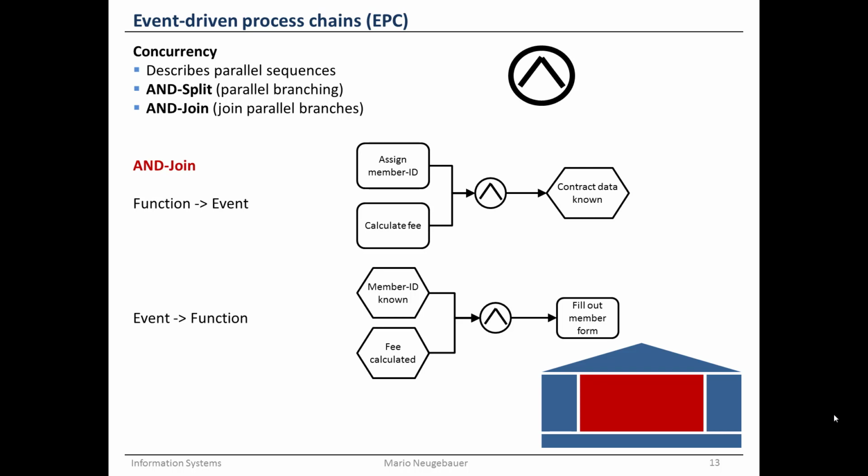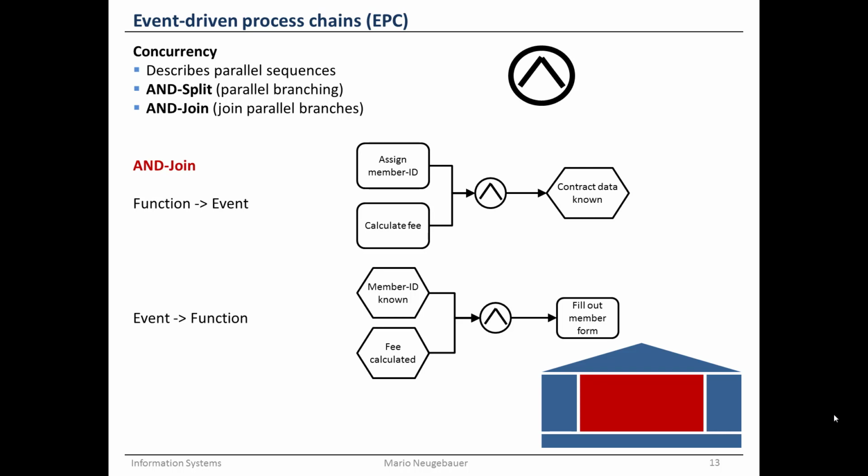The circle for importing this AND join here into the event-driven process chain. And you might use this AND join to maybe join again two different concurrent sequences to one sequence, like shown here in the examples.